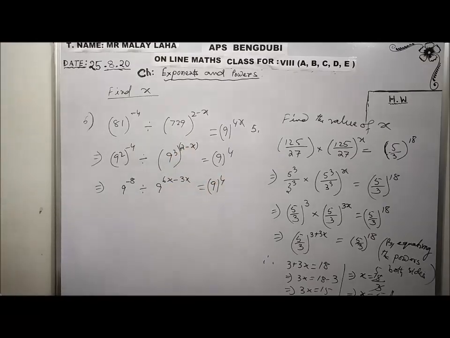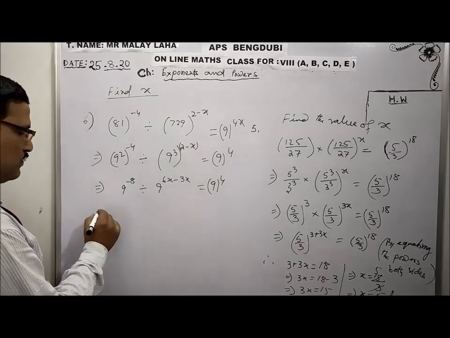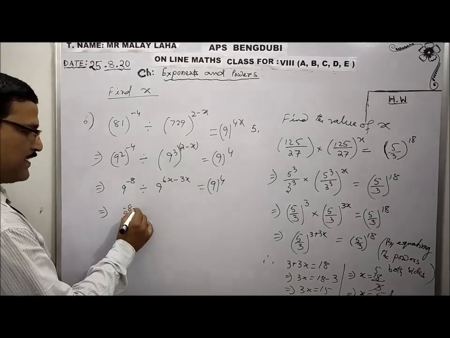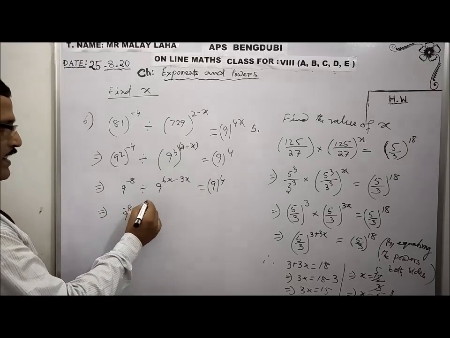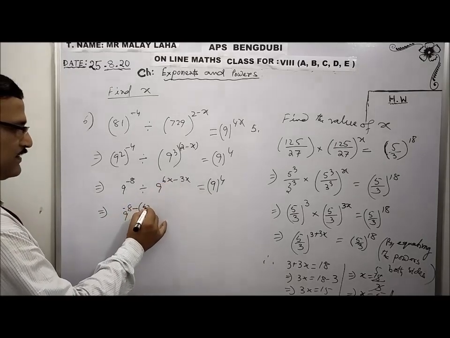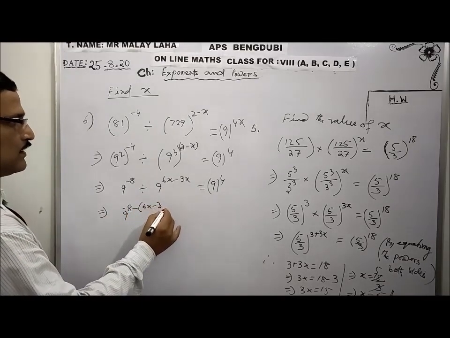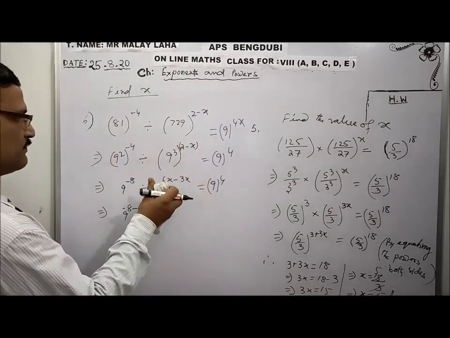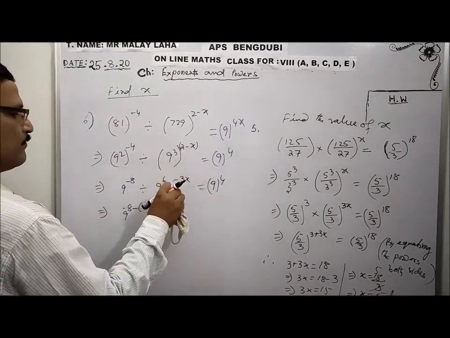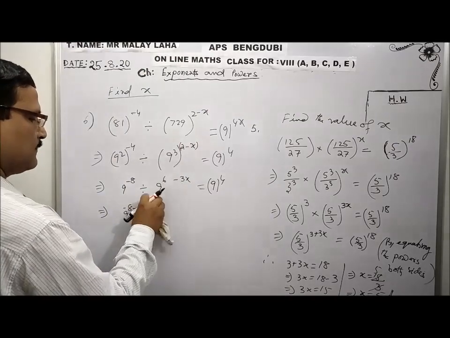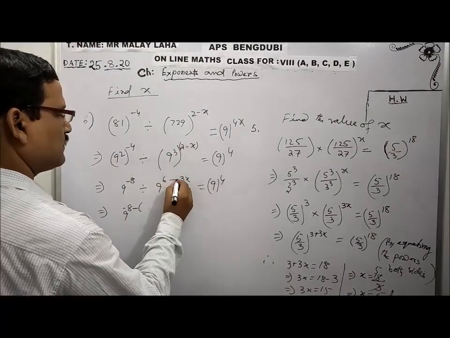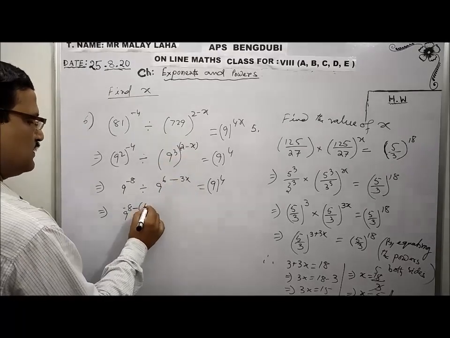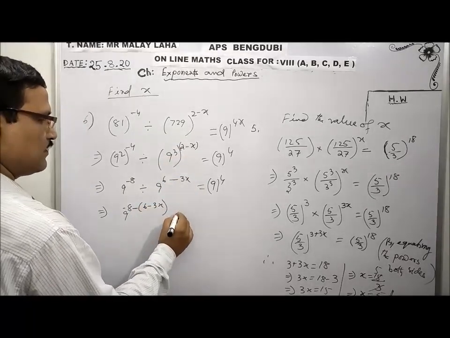Now, in division case, what to do? We reduce the power. 9 raised to minus 8 minus, why? Because division. And the entire part will be in bracket, 6 minus 3x close.